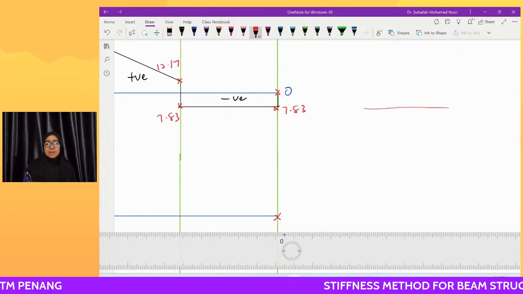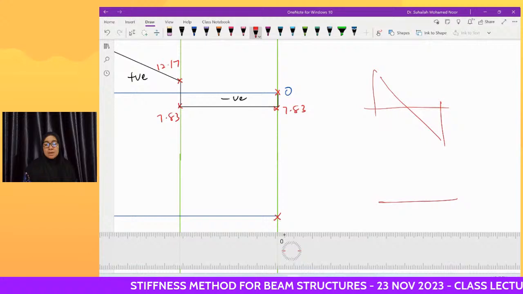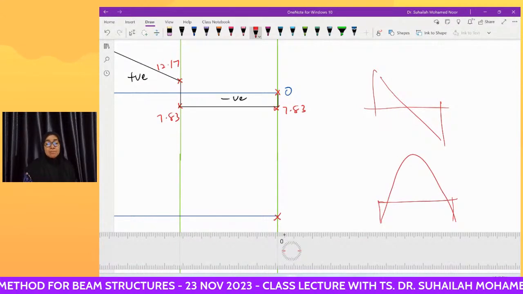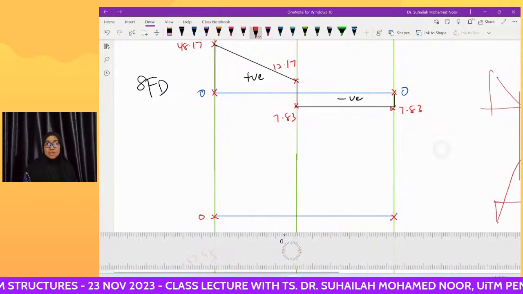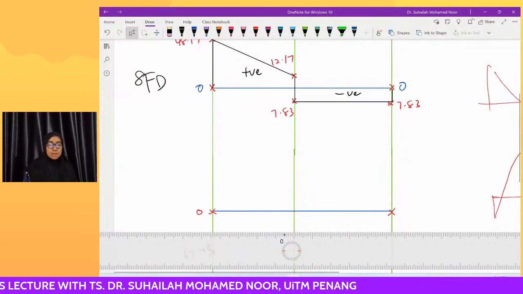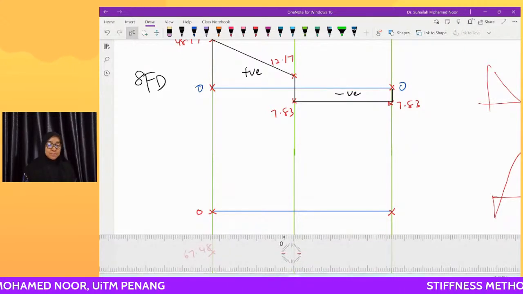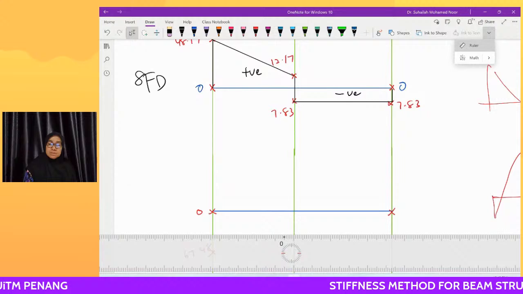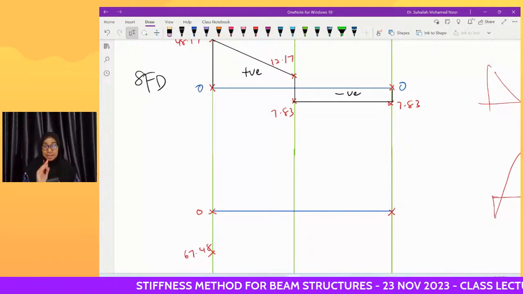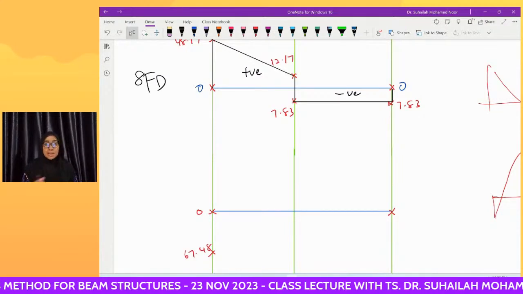Intersection like this means there is a maximum moment. But now there is no intersection, so it is just a curved line. This 67.48 is negative.